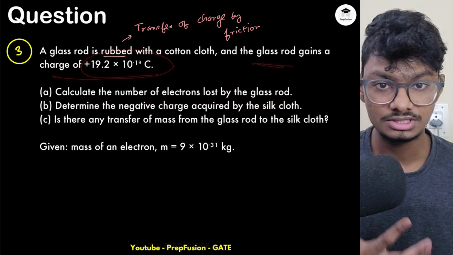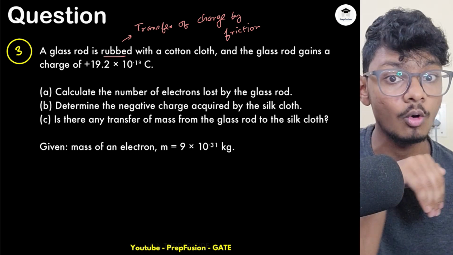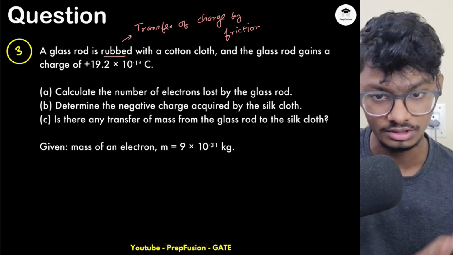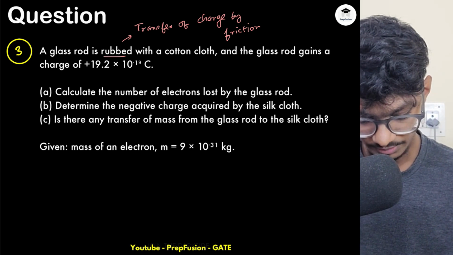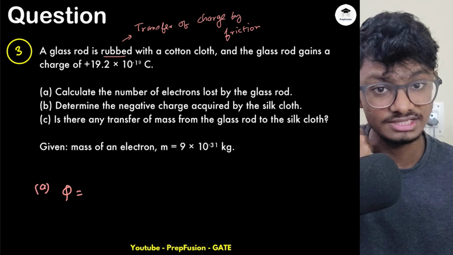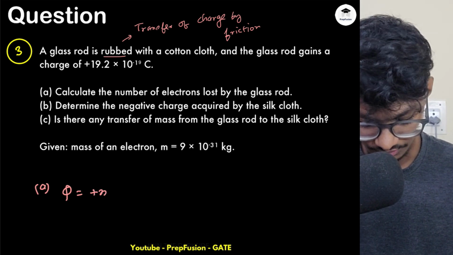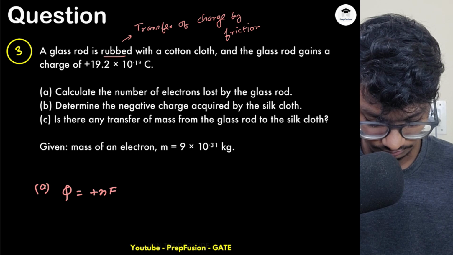Calculate the number of electrons lost by the glass rod. Because the glass rod gains a charge of this much, that means it has gained positive charge. That means electrons have gone out of the glass rod. For this, a simple formula: the charge gained is plus or minus n e. As it has lost electrons, it will be plus n e.